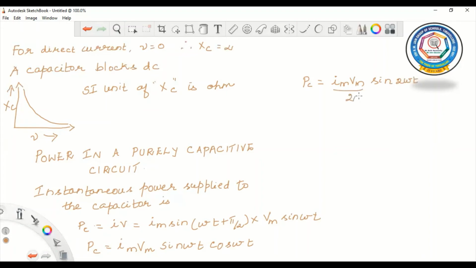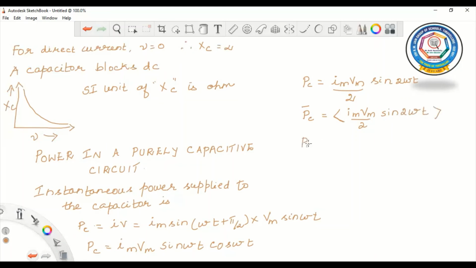So as in the case of an inductor, what is the average power? 0 in the case of inductor. Similarly here also, what is the average power? I told you how you represent the average power, with a bar. Okay. So this is equal to Im Vm by 2 sine 2 omega t again.